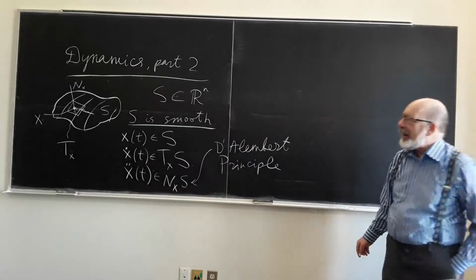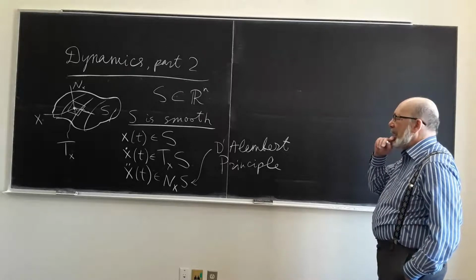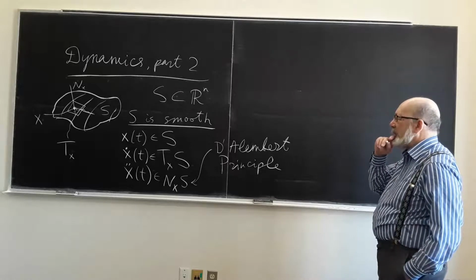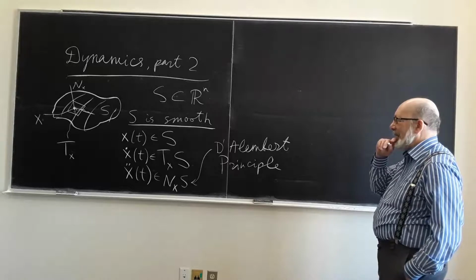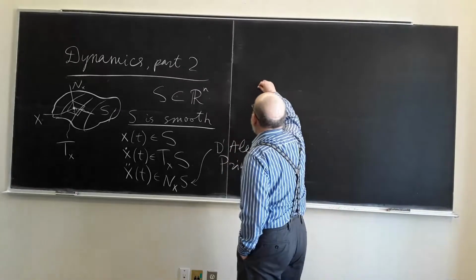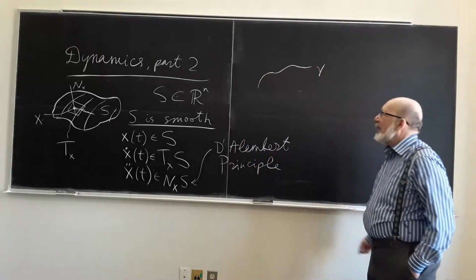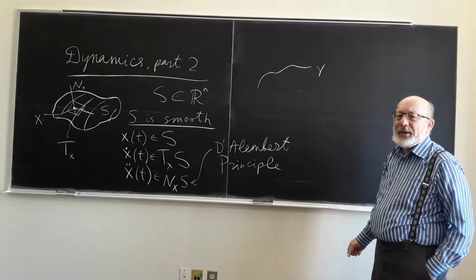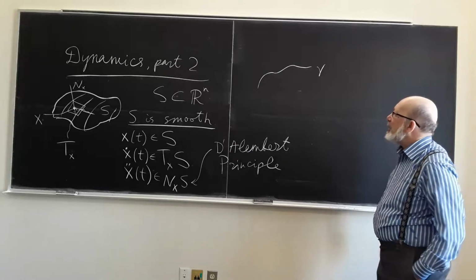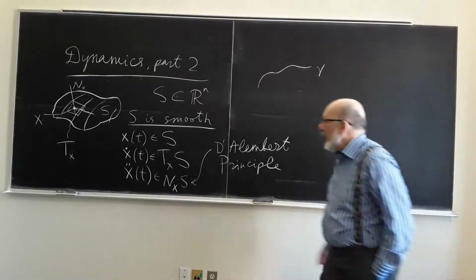The next interesting case is when the dimension is 1. When the dimension is 1, it is a motion along some curve gamma. This is essentially the case which I'm going to consider today.